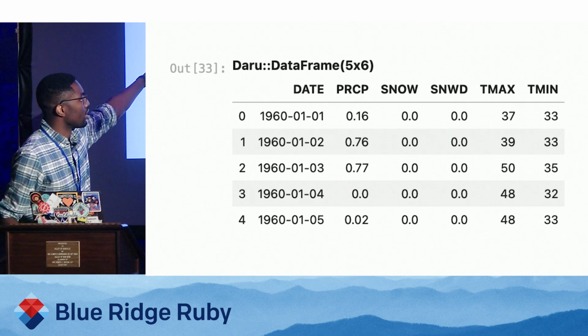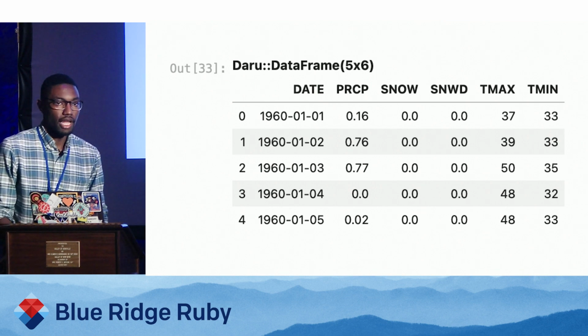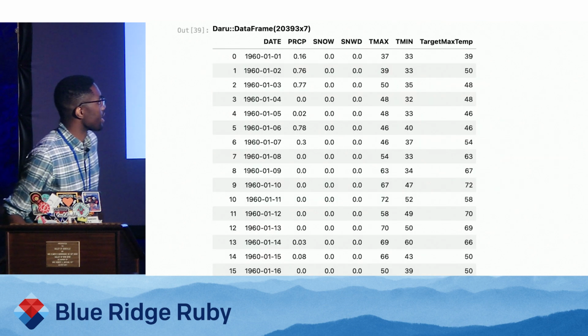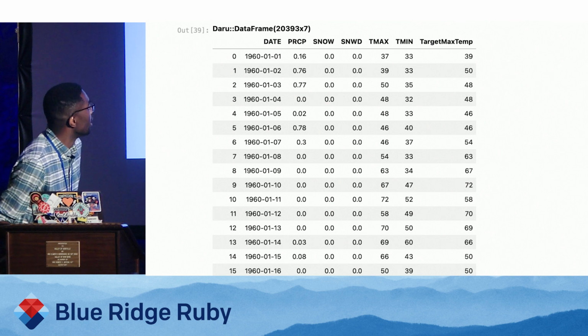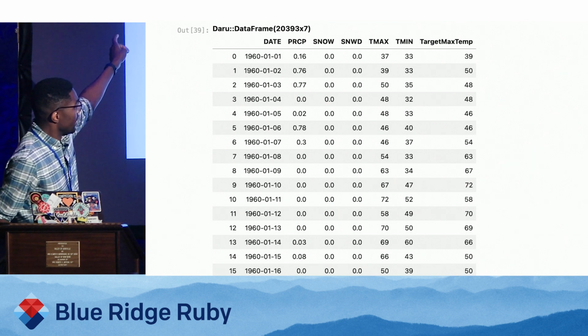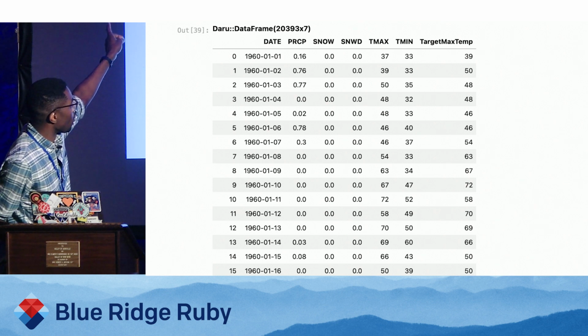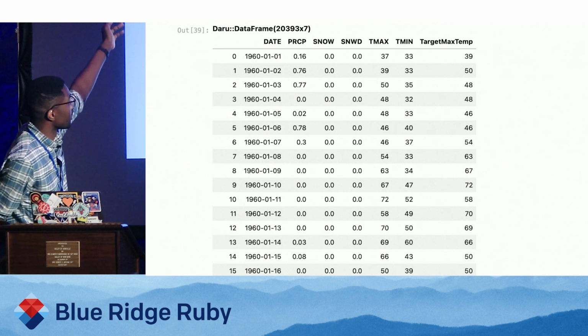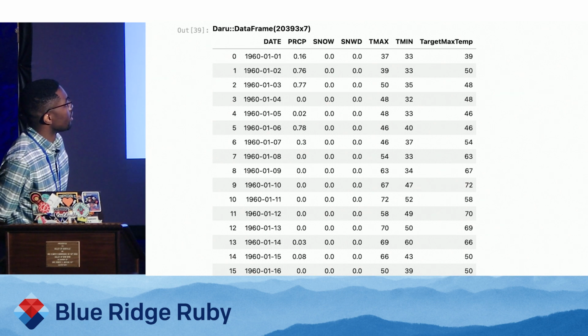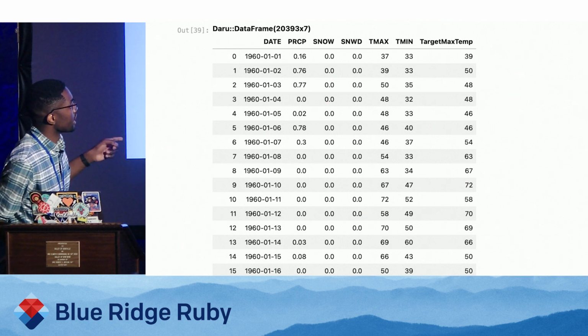And so one of the things I did was create an extra value, which is the max temperature for the previous day. I wrote a method that went through, if you see in the second row, which is number 1, we have the Tmax, which is 39.